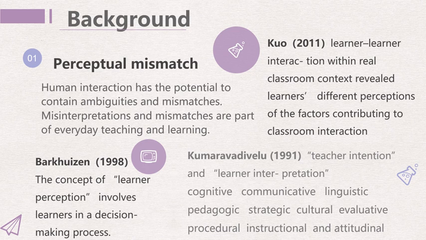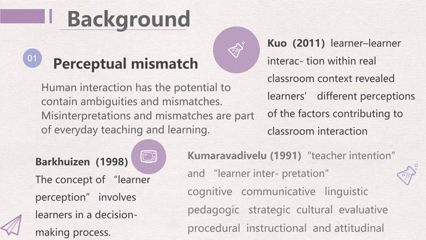Therefore, the success of any assessment process also depends on the decisions that teachers need to make about learner performance and the scoring criteria. In addition, studies of learner-to-learner interaction in real classroom environments have shown that learners have different understandings of factors that contribute to classroom interaction, including communication, clarity, grammatical accuracy, and corrective feedback.